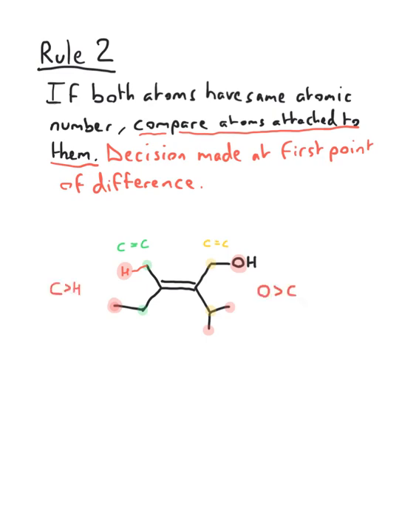Once we have a difference in atomic numbers, we assign priorities according to those differences. So in this case, carbon has higher priority than hydrogen, and over here, oxygen has higher priority than carbon, making the structure E.